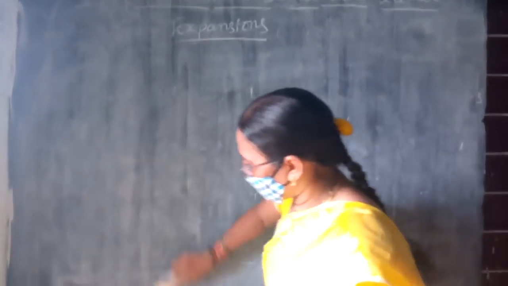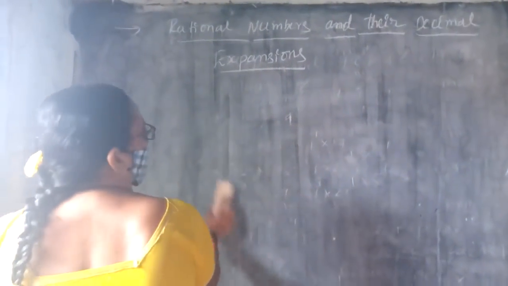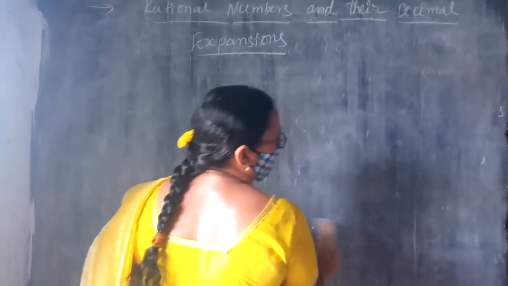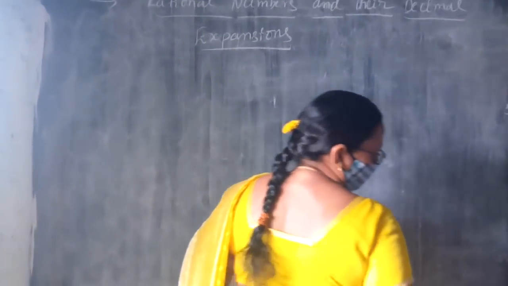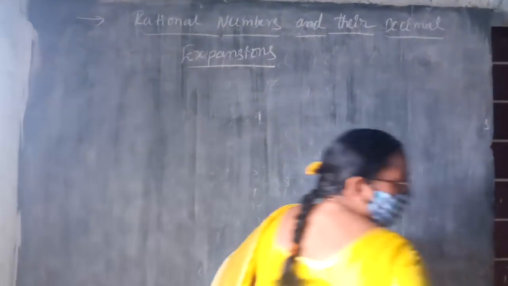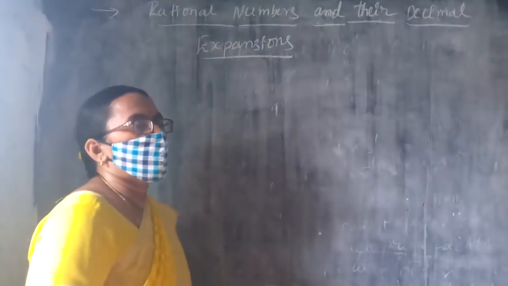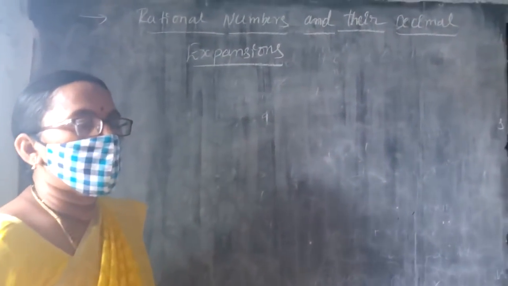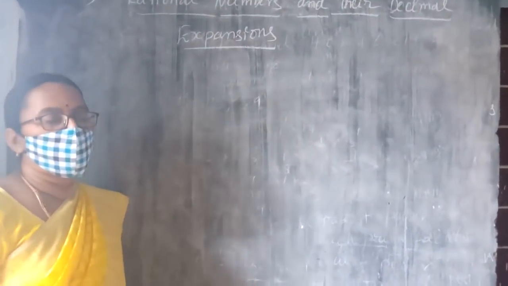Yes, children? Have you heard this word anywhere? Yes. Where did you learn? In the 9th class, the first chapter. That is real numbers. Okay.